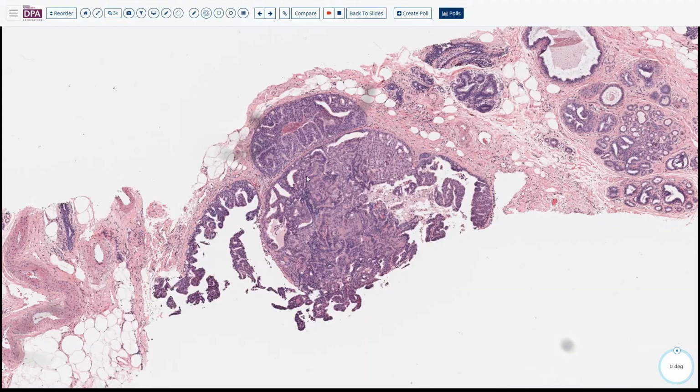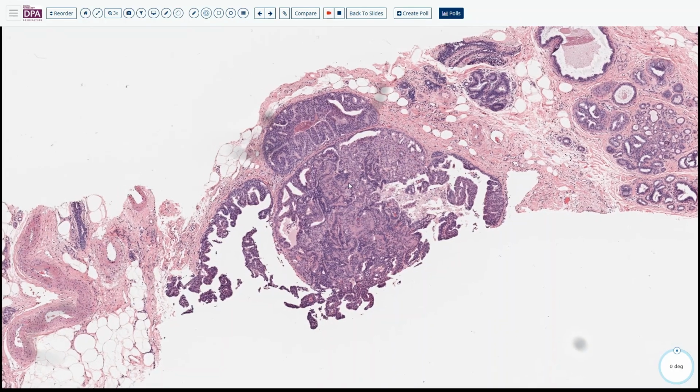But other than this UDH area, we also can see something cribriform forming here. And in this power, you still appreciate there are two populations in the whole thing. But the other population forms these solid sheets and also this cribriform pattern. So they are not myoepithelial cells.